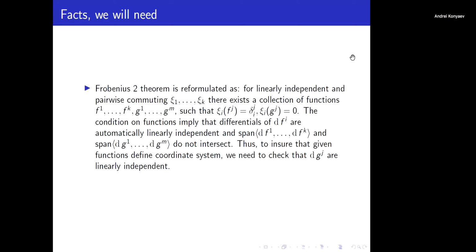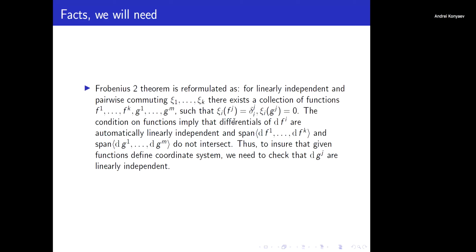So we want to put the following restrictions on the functions. We have k vector fields, and the dimension is k plus m in our case. So we put a restriction like this. We say that if we take a Lie derivative of function f_j along xi_i, it is either 0 or 1.